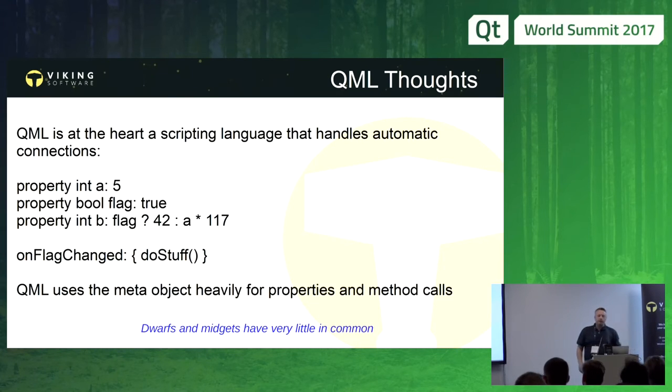So QML is, as I said yesterday, I think the guy who invented QML came up with the idea of why is it that I have to do my signal, my slot, my setter, my getter, my property declaration, and my connect all the time. Why can't I just write the property once and say how it should be calculated? That's what scripting languages do. That's what they're good at.